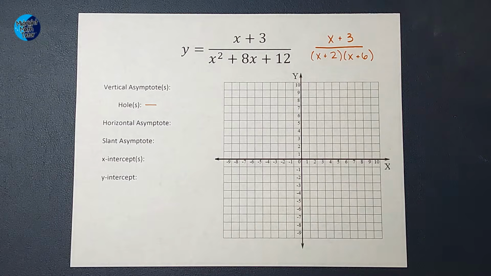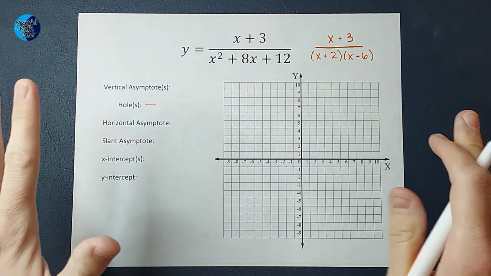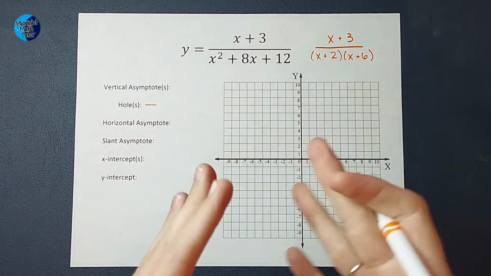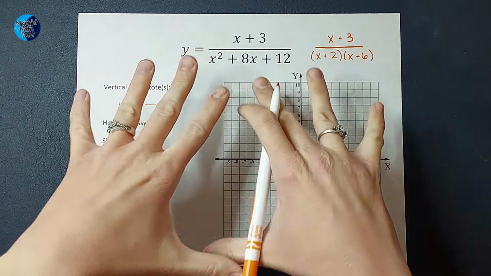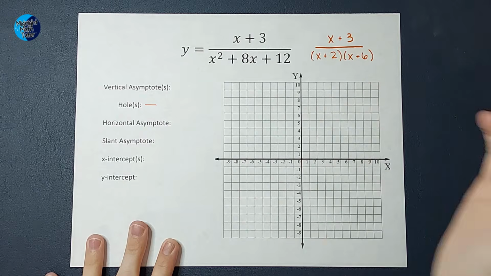All right, our vertical asymptotes. This has to do with, if you've been doing math, you know that we do not mess with zeros in denominators, right? They do not make us happy at all. So vertical asymptotes are formed where this would be equal to 0 on my denominator. So how do I figure that out? Well, I set these equal to 0, right?